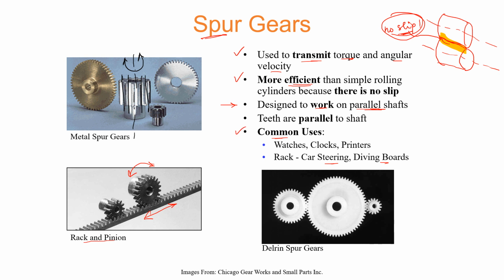Another aspect that I need to emphasize is the selected material. Since the torque or power is being transmitted from the input side to the output side, it is absolutely necessary to consider the material requirements. Depending upon the type of application, you can choose metal spur gears, or you can use plastic or polymeric spur gears as well.